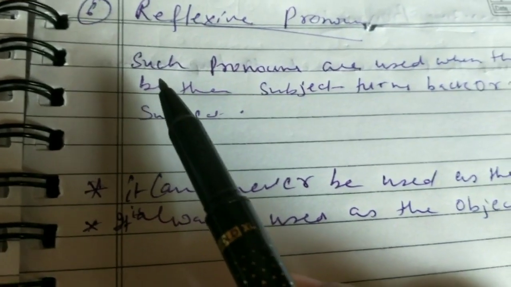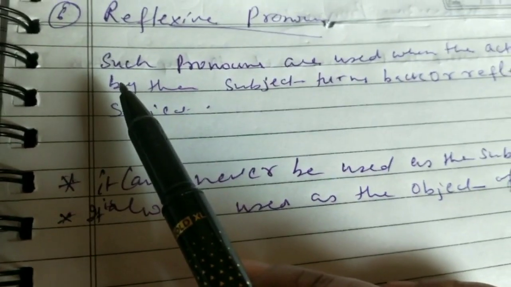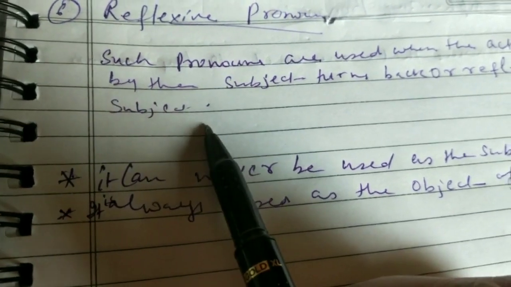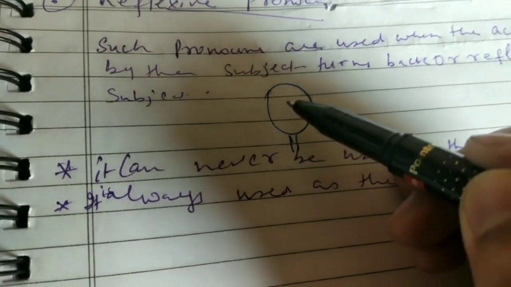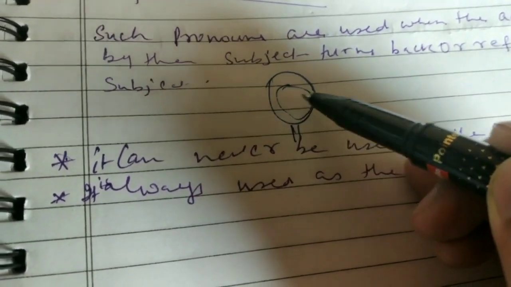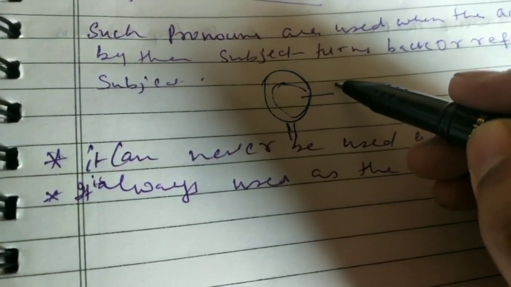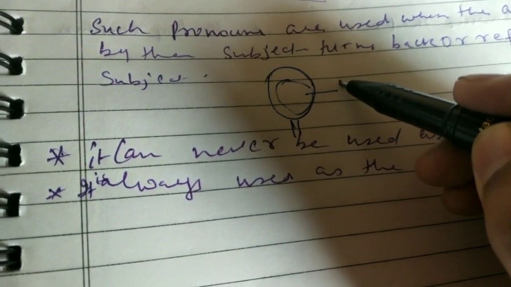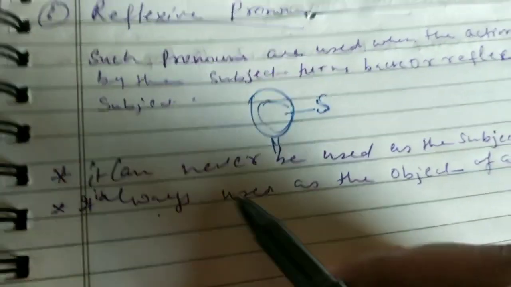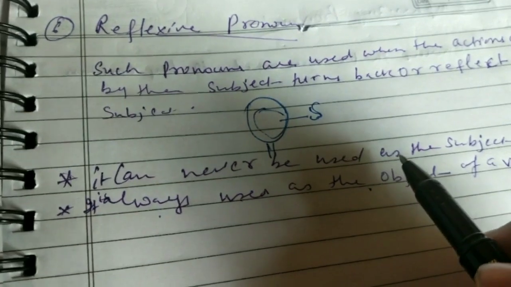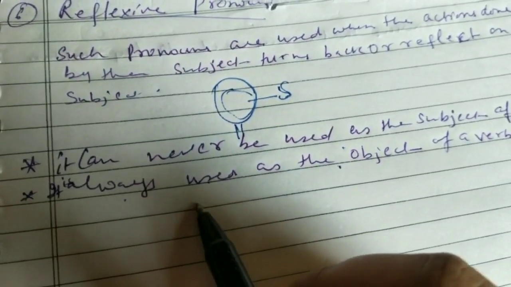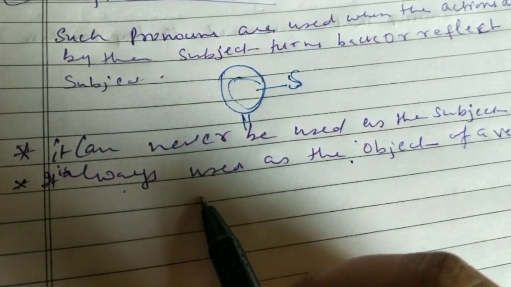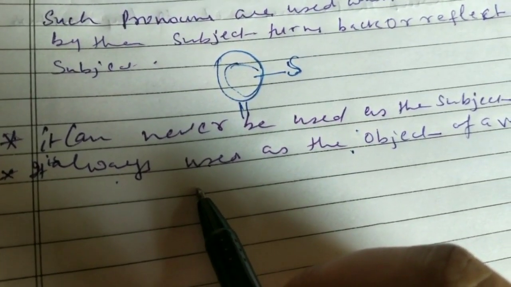The sixth pronoun is the reflexive pronoun. Such pronouns, when used by the subject, turn back on the subject, or reflect, or act like a mirror, like a mirror reflects your image, no? So the words emphasize back on the subject. It can never be used as the subject of the sentence, and you have to always use this kind of pronoun with the object.